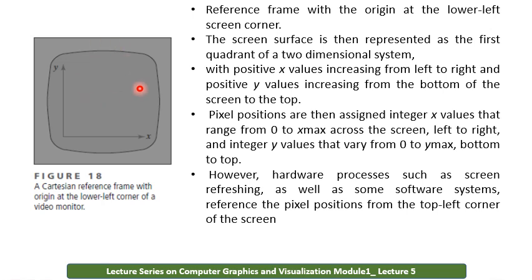The pixel positions are assigned integer x values ranging from 0 to x max, and y values from 0 to y max. However, all the hardware that processes screen refreshing, as well as some of the software systems, refer to the pixel positions from the top left corner of the screen.